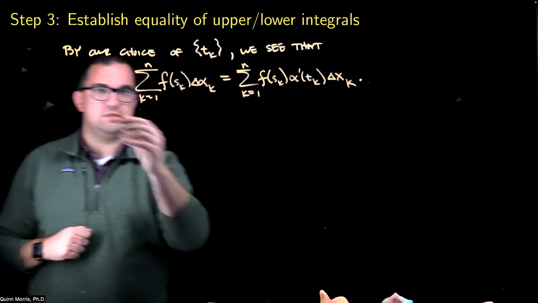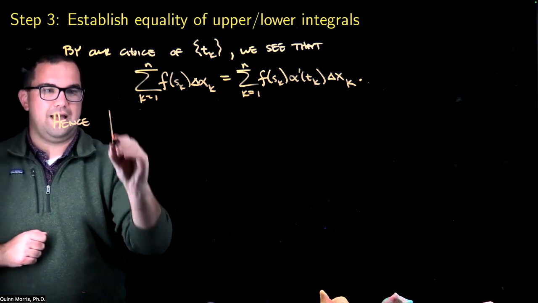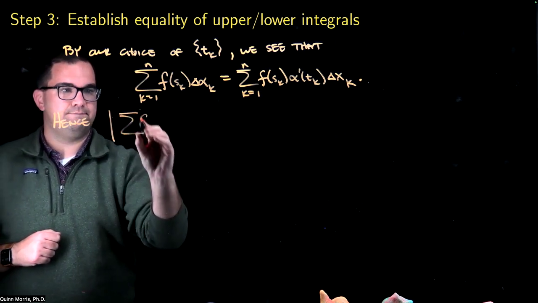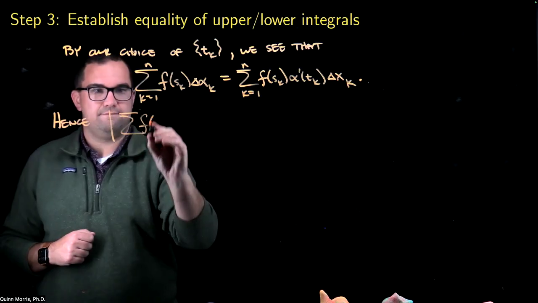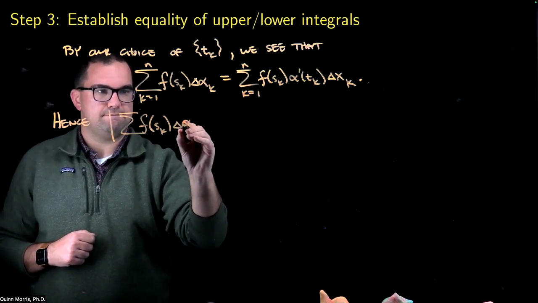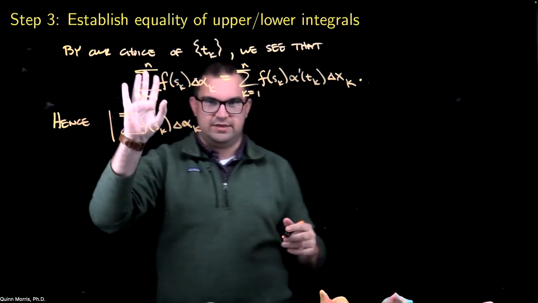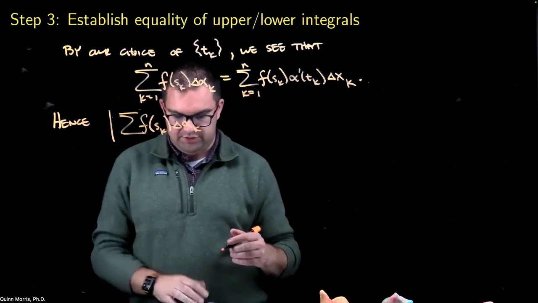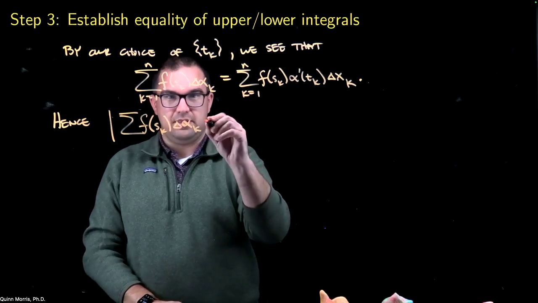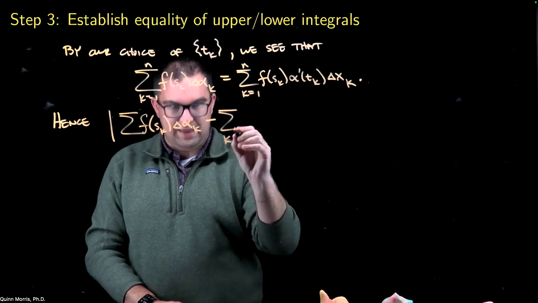So now, let's look at the difference between this thing and the actual thing I would want. For the time being, all these sums are k equals 1 to n. I'm just going to drop off that notation for the time being.